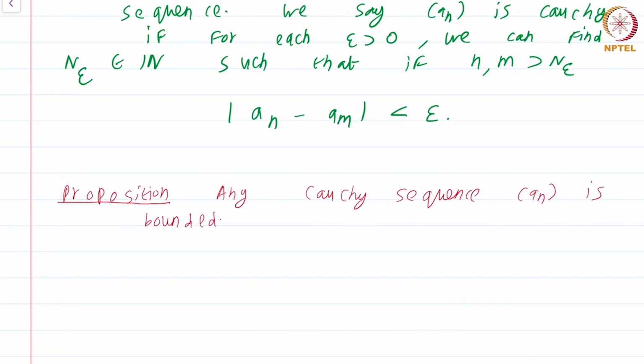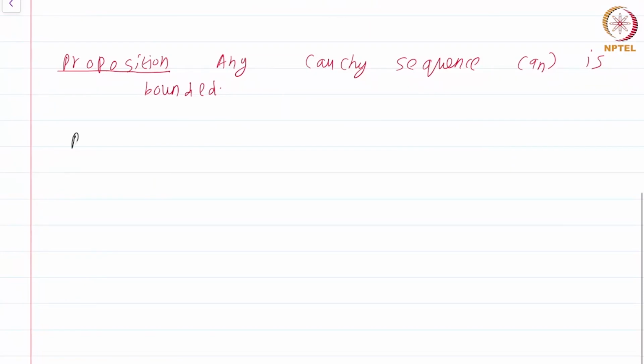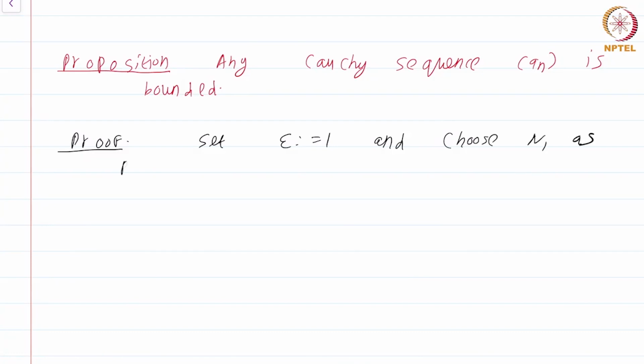Now the proof should also remind you of the proof that convergent sequences are bounded. The proof is almost exactly word for word the same. Proof: set epsilon to be 1, and choose N_1 as per the definition of a Cauchy sequence.